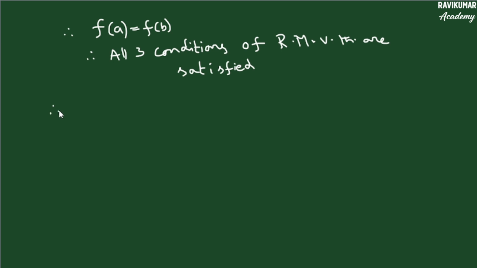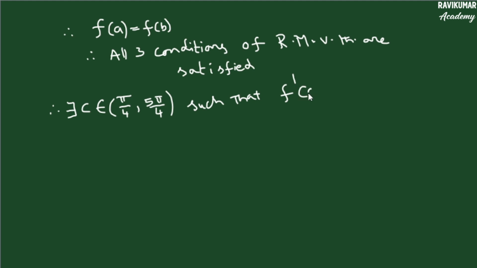So there must exist a c in between pi by 4 and 5 pi by 4, according to Rolle's theorem, such that f dash c is equal to 0. So we try to find such c.